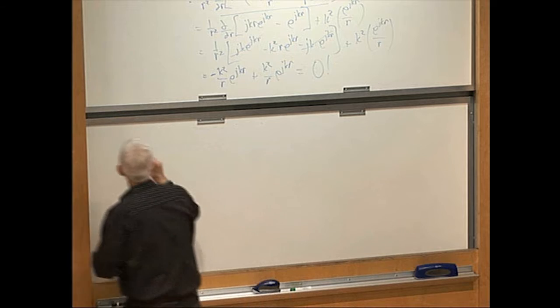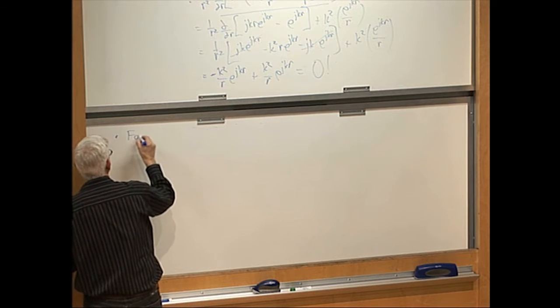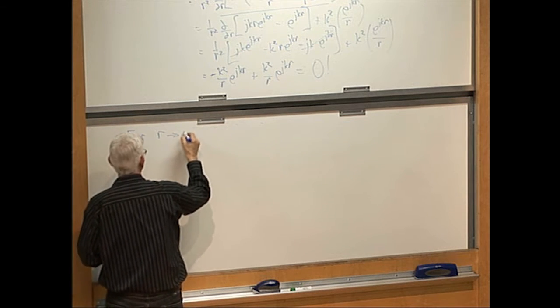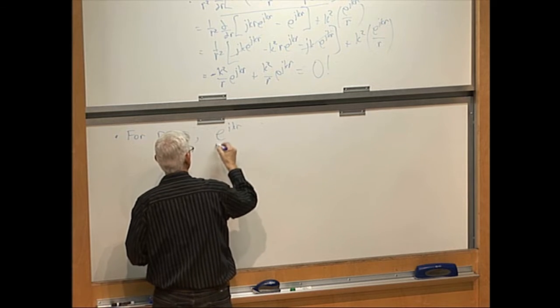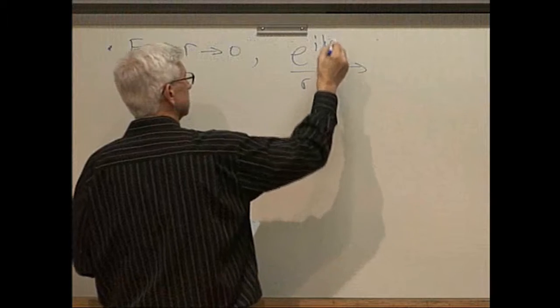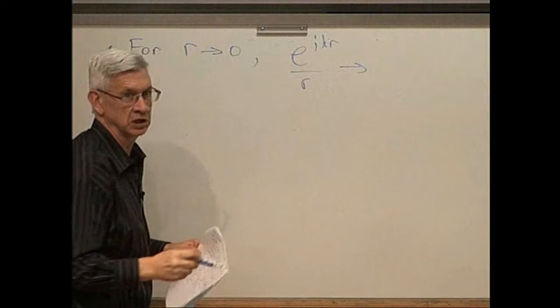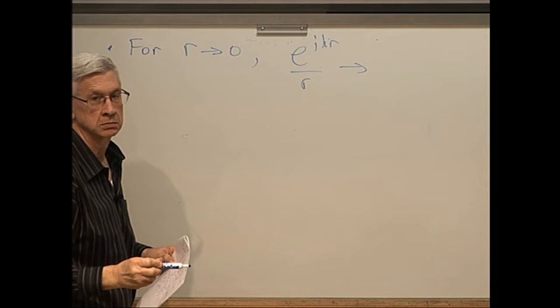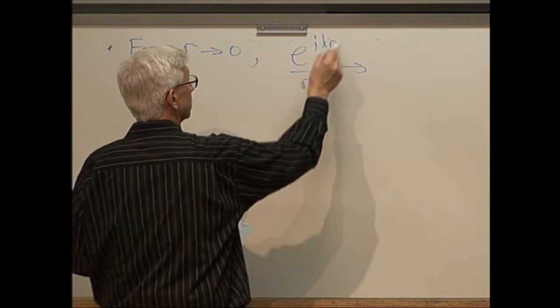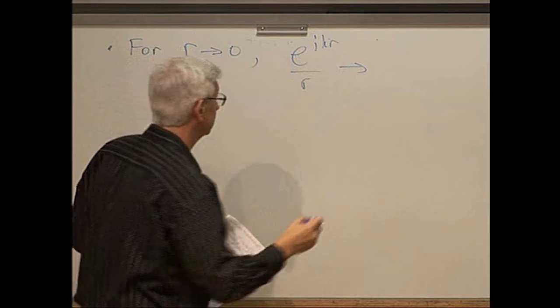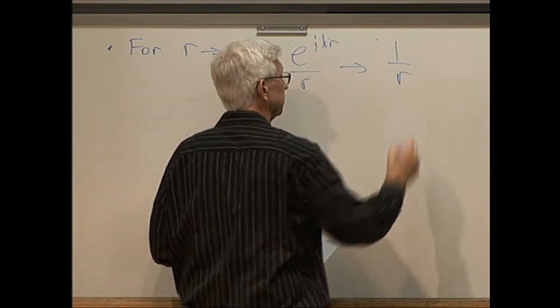Okay, so now for r approaching 0, e to the jkr over r, well, if r approaches 0, then the argument of the exponent approaches 0, so that's just 1. So this guy approaches 1 over r.